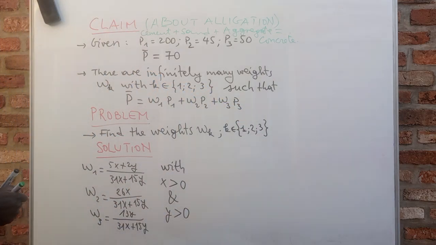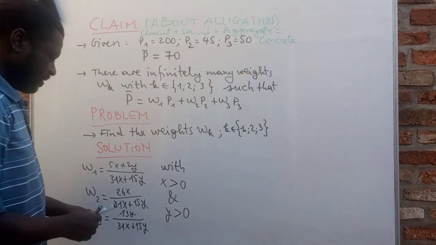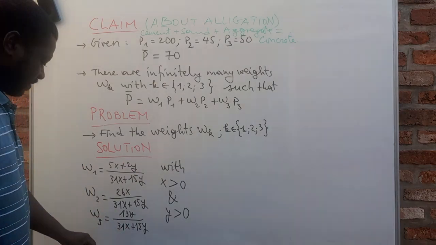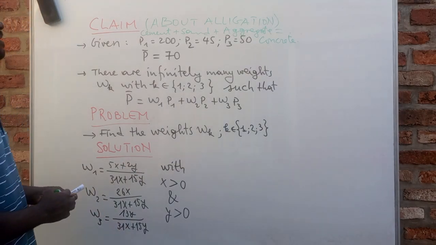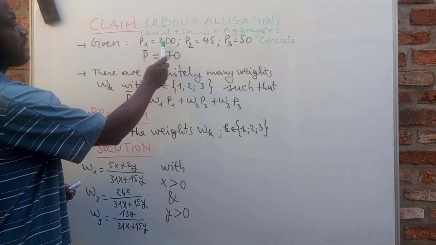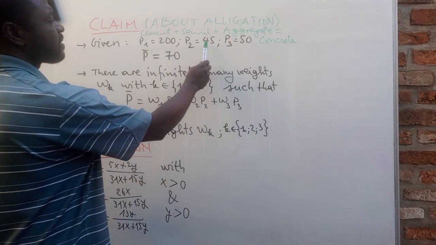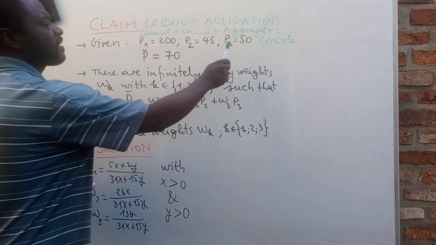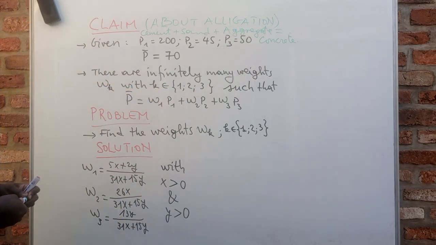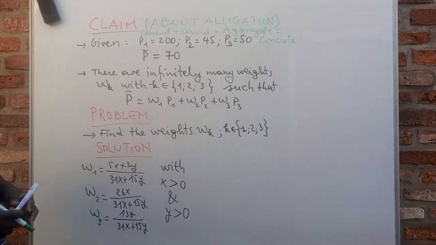Now suppose that the first value is 200 for the cement, second for the sand, and the third 50 for coarse aggregate.